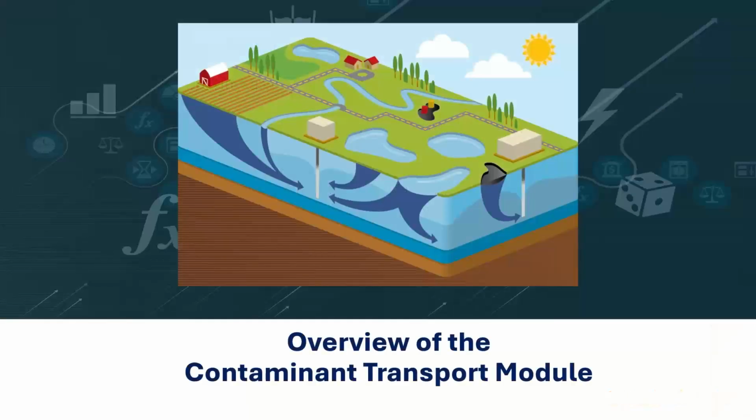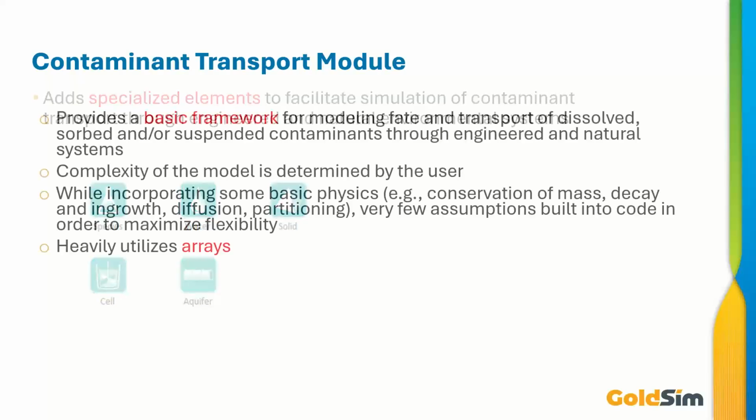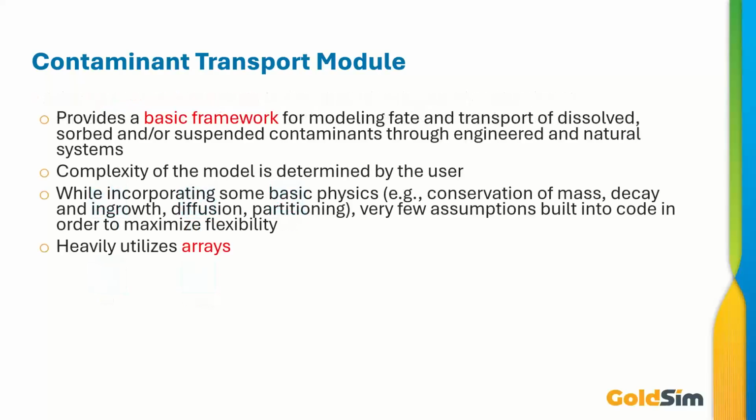So let's just first do a very, very quick overview of the contaminant transport module. What it does is it adds these specialized elements. Here are the most common specialized elements that you would use, and they're going to allow you to simulate water quality, mass transport of contaminants. It just provides a basic framework, and the complexity of the model is really determined by the user.